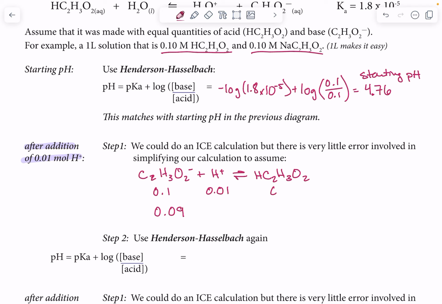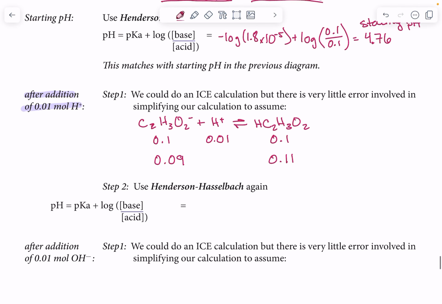It's going to increase our weak acid to 0.11. So we're thinking about it kind of like an ice table, but we're skipping some steps here. If we add some acid, that means we're going to use up some of our base, so our base is going to go down to 0.09. Our weak acid is going to go up to 0.11. So that's going to use up the hydrogen.